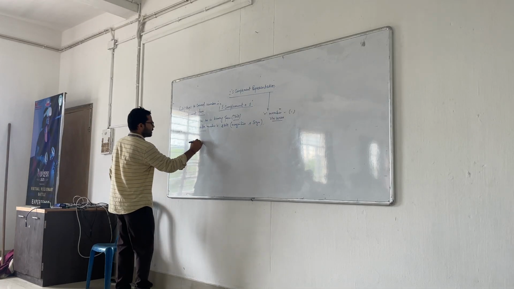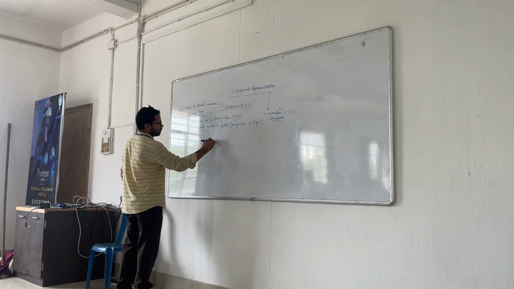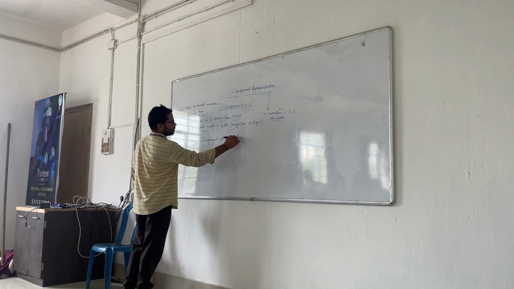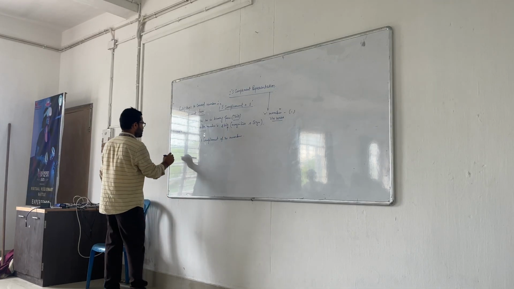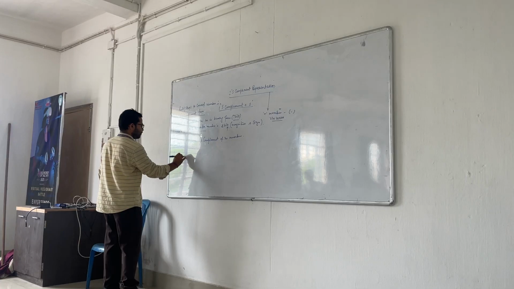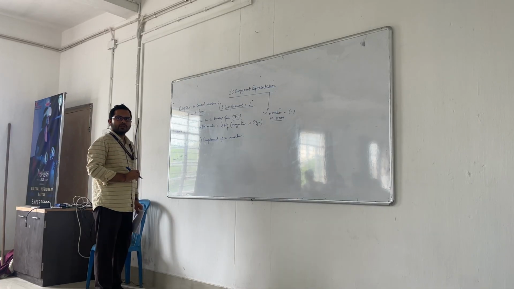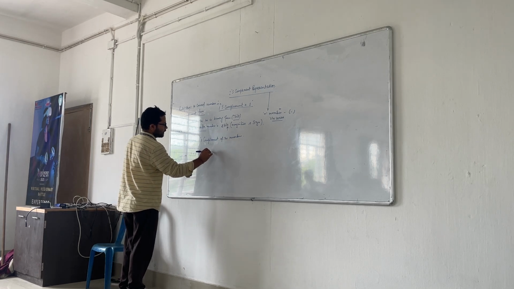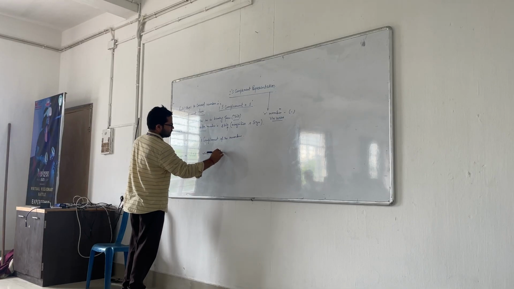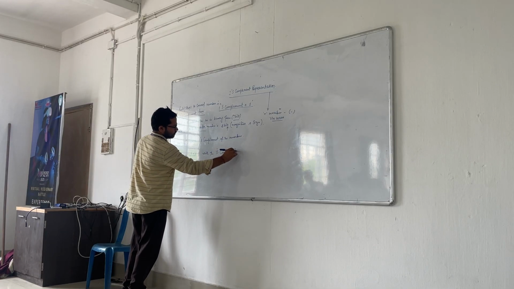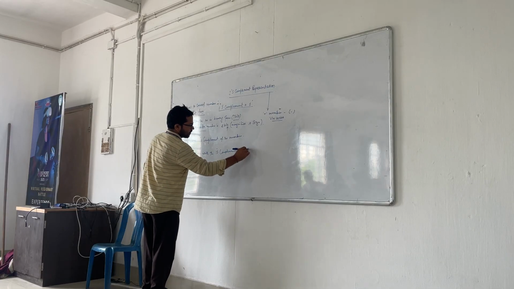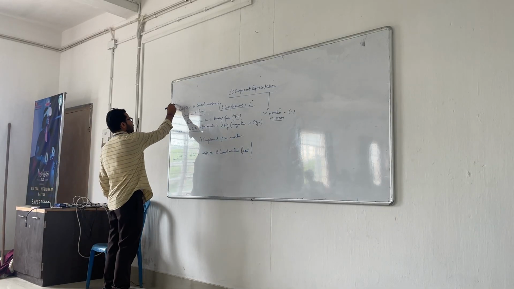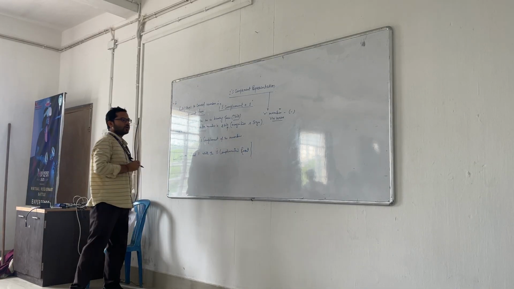Step 3, find the one's complement of the number that you wrote in step 2. Step 4, add 1 to the one's complemented result. That is the process to convert a number from one's complement to two's complement.